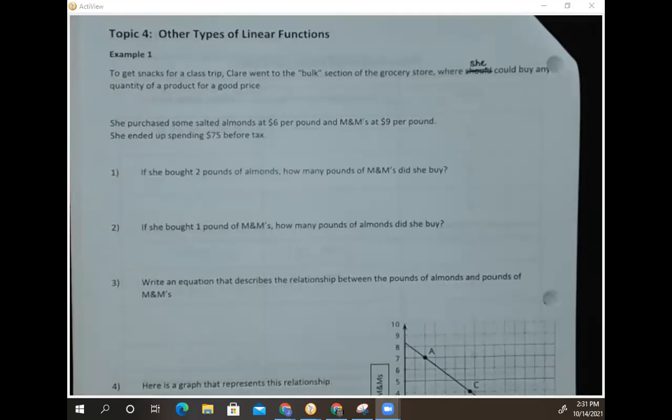Okay, so slope-intercept form was helpful and an easy option when we knew the slope and we knew the y-intercept.